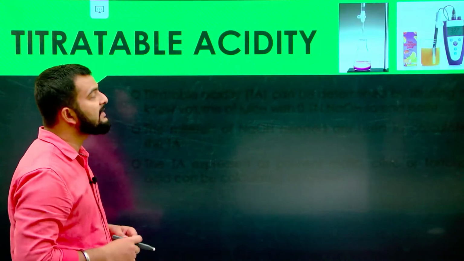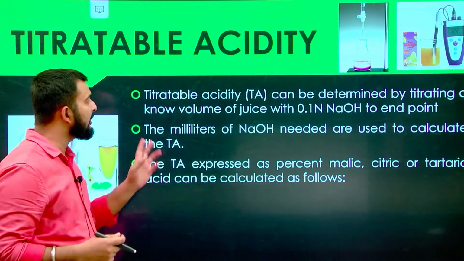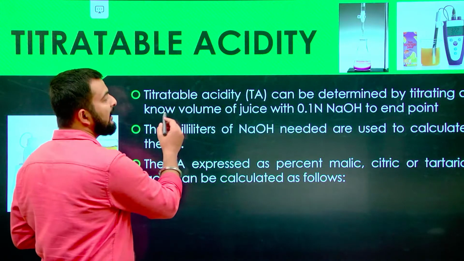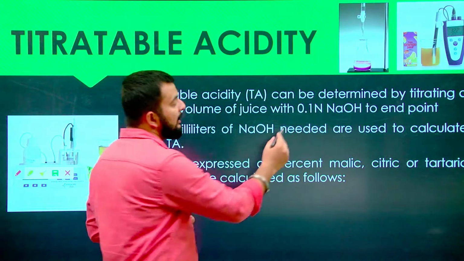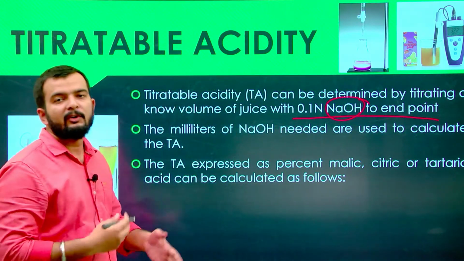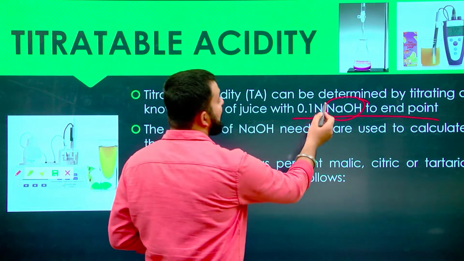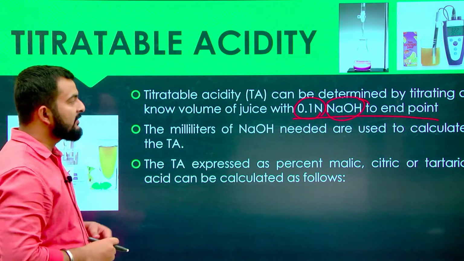And then next we will see titratable acidity. What you do in titratable acidity is, it can be determined by titrating a known volume of juice against an alkali. Usually we take NaOH as the alkali. If not, you can take potassium hydroxide also. Normally we take 0.1 normal NaOH concentration.